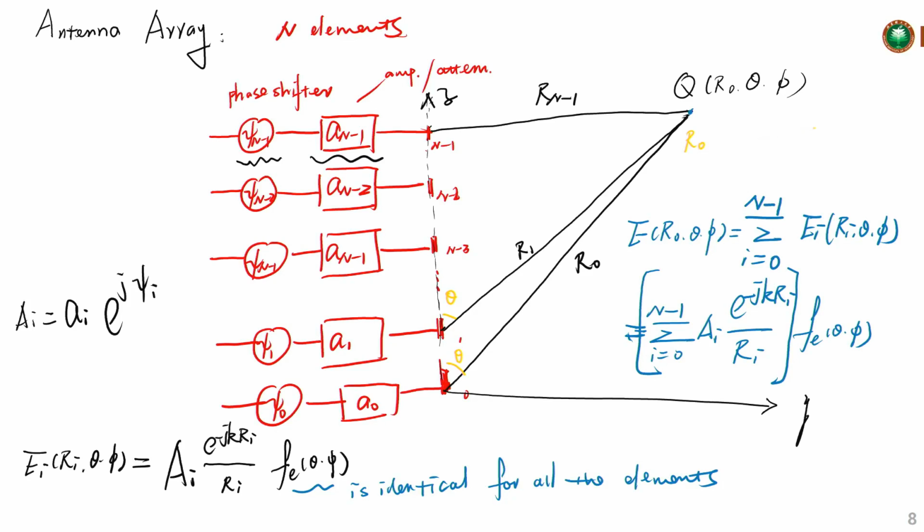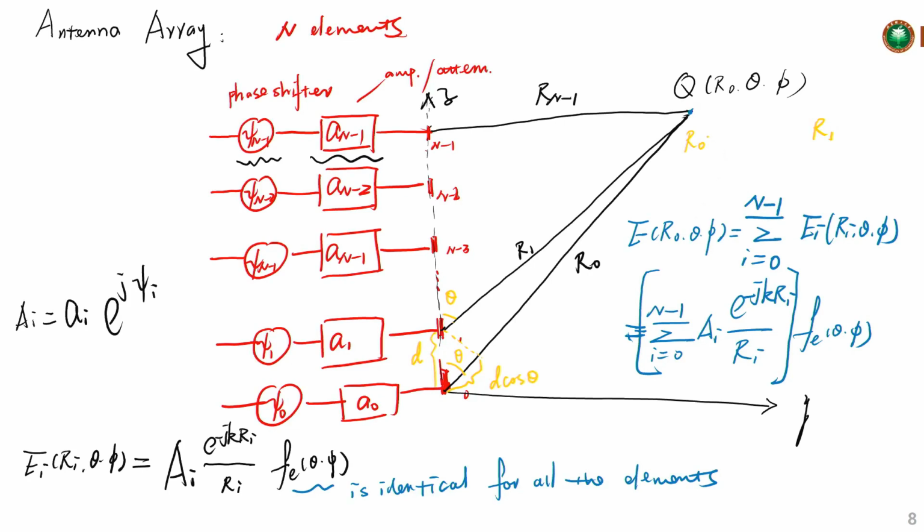How about if I want to get R1? It means R node minus this part, alright? This R1 equals R node minus this part. So this length is the distance between two neighboring elements. We call it d. Okay, this part equals d times cosine theta. Right.